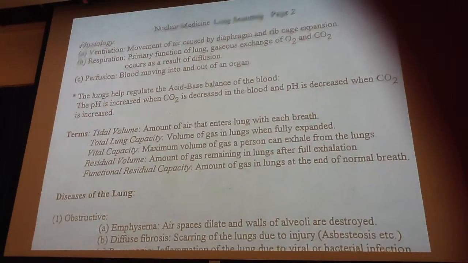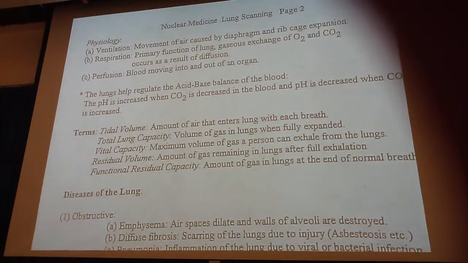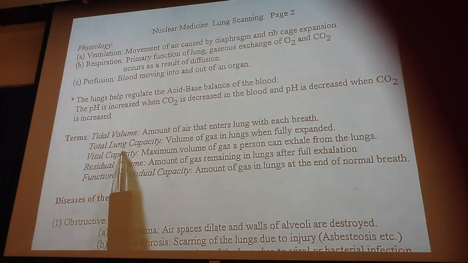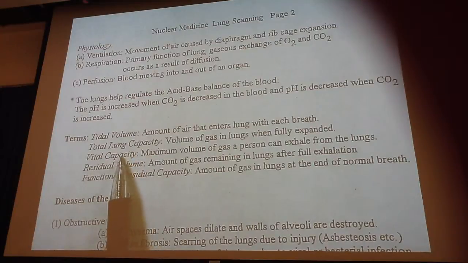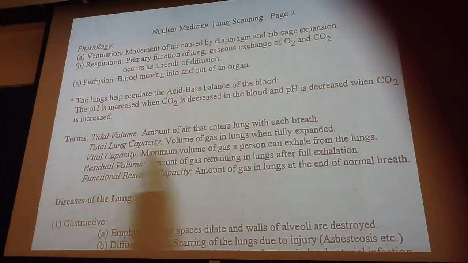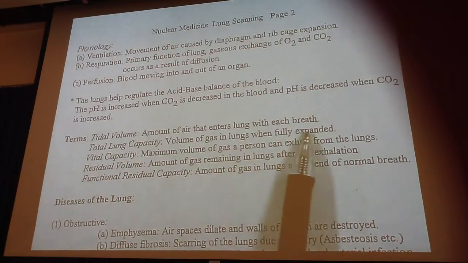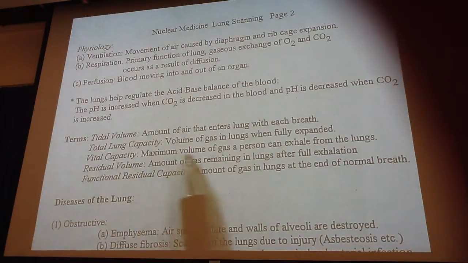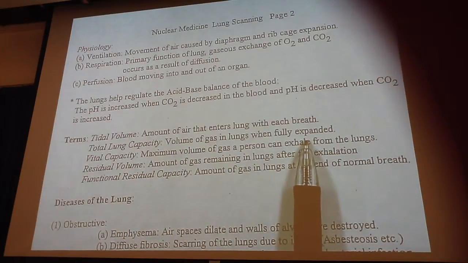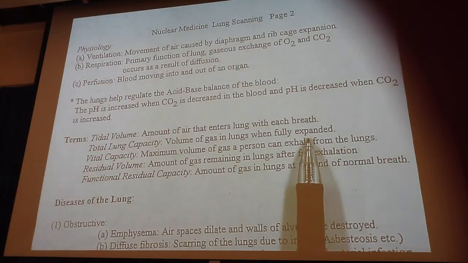The other thing that we want to be aware of here are the terms. Tidal volume is the amount of air that moves with each breath. Total lung capacity is where, if you have a respiratory test, they'll tell you to take in a breath and keep going, breathe in, breathe in, as much as you can.